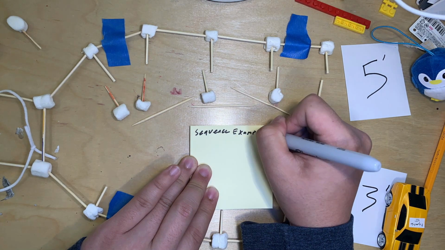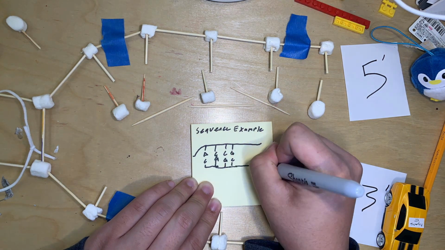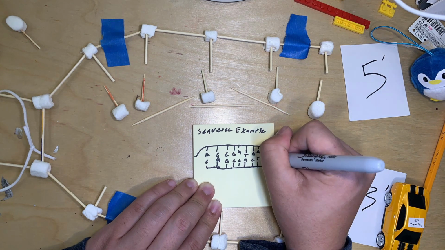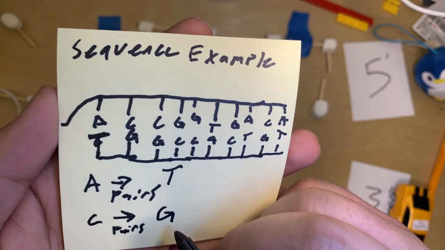For the 10 example base pairs, it could go AT, CG, CG, GC, GC, TA, GC, AT, GC, CG, AT.